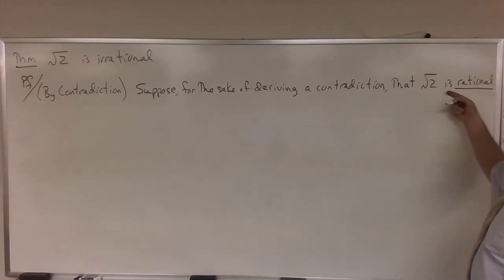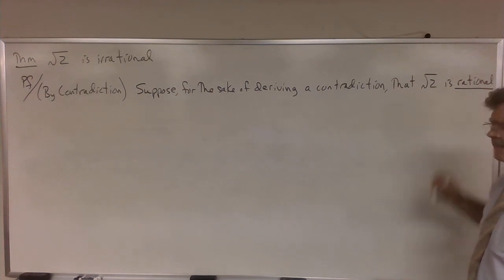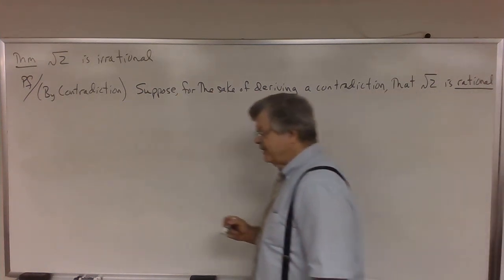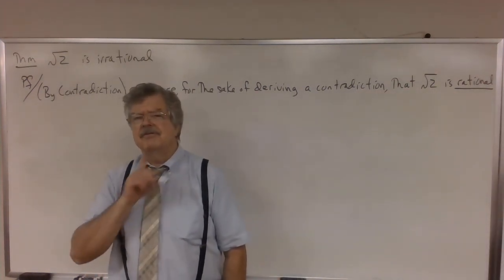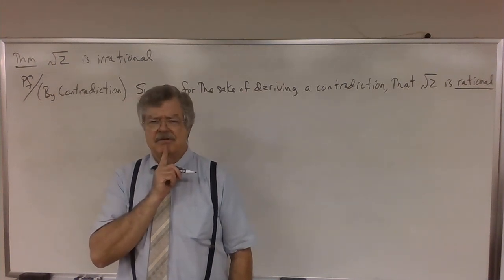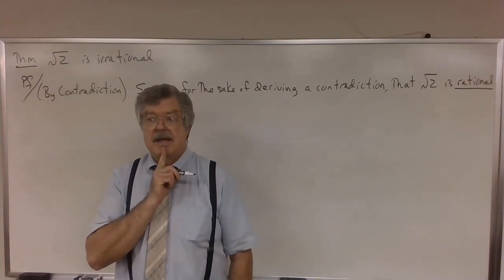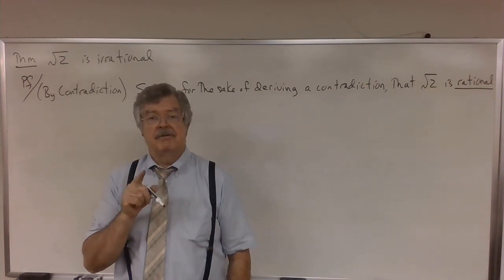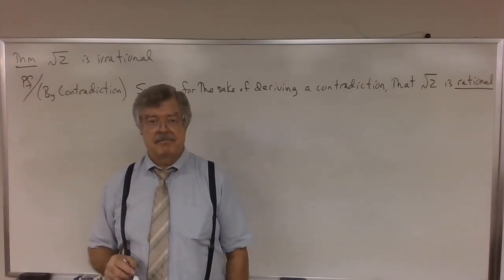Okay. Well, where am I going to go from here? I guess what I'm going to do is I'm going to think about this. What do I know about rational numbers? Every rational number can be written as the quotient of two integers, right?